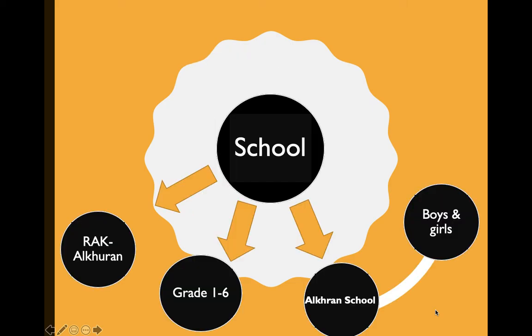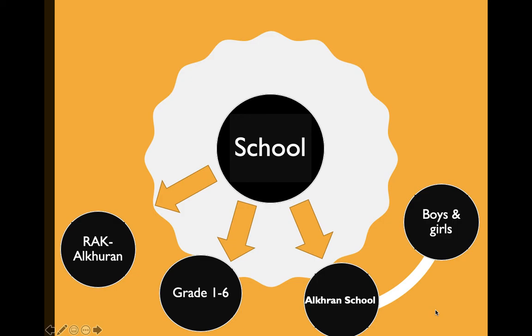First of all, in my seventh teaching practice, I had been training at Al Karan School for basic education, cycle 1 for boys and girls. This school is located at Ras Al Khaimah, Al Kharan.